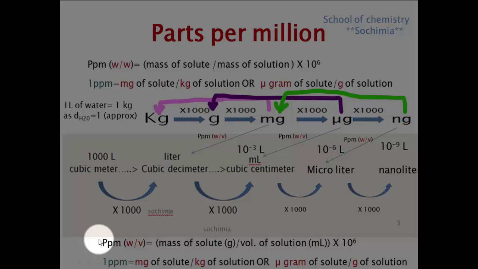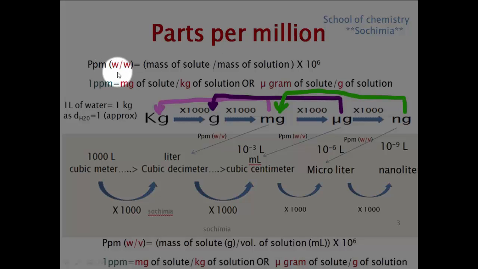In order to understand the concept of ppm concentrations, both weight by weight and weight by volume, this slide will help us in having a very clear concept. In our last tutorial, we have seen the conversions of mass as well as conversions of volume. Now we will relate these conversions to express ppm values.